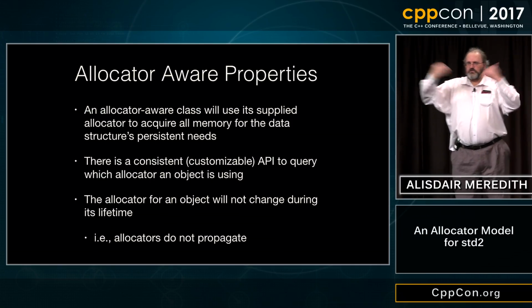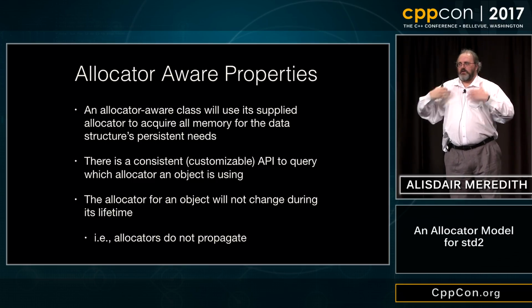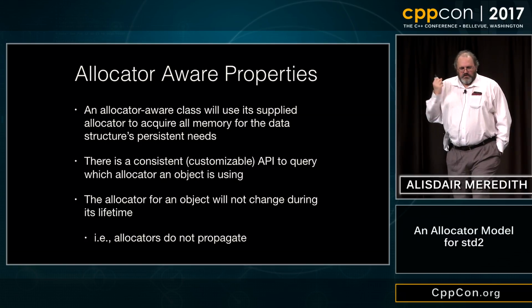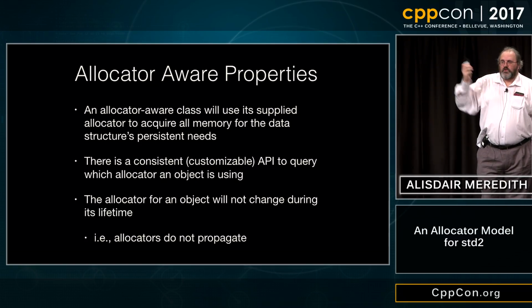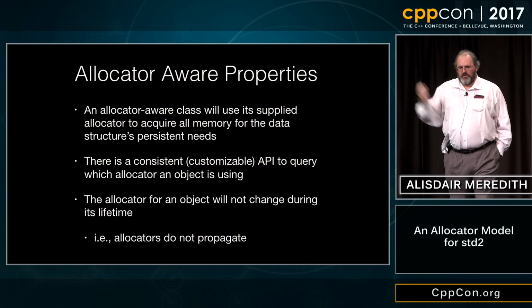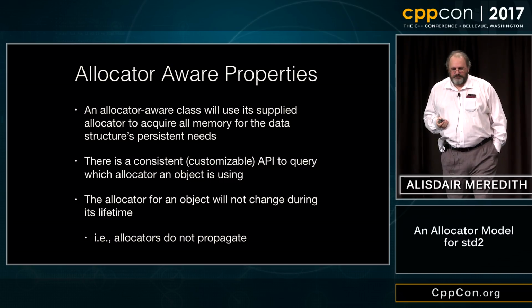So the notion is we're going to store this PMR pointer somewhere, somehow, and it's going to implicitly find its way through the system. So an allocator aware class will use this PMR allocator I supply, or some variation of PMR, whatever works for the model, to manage the memory.